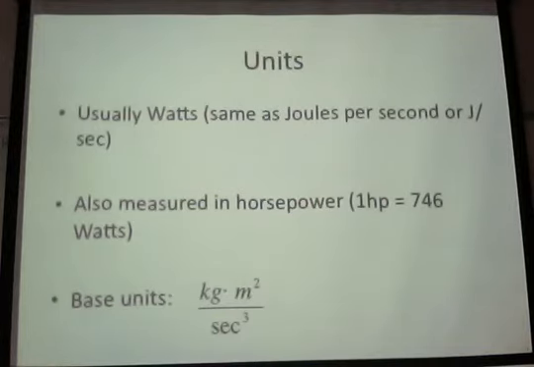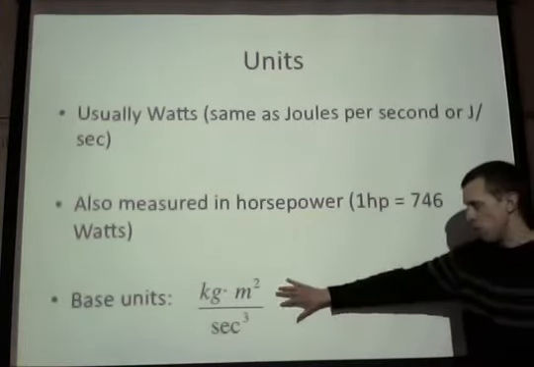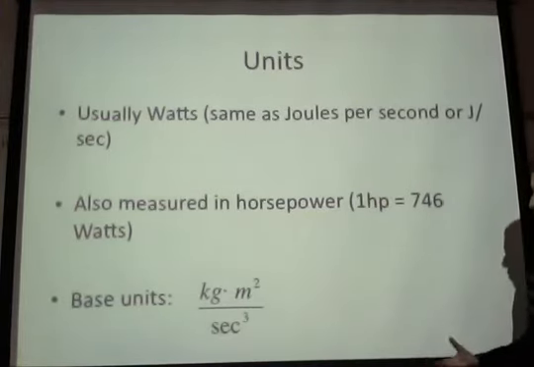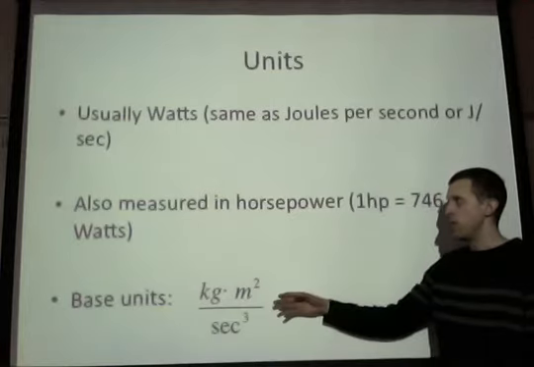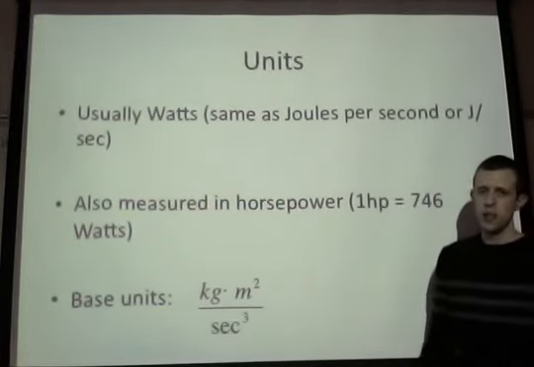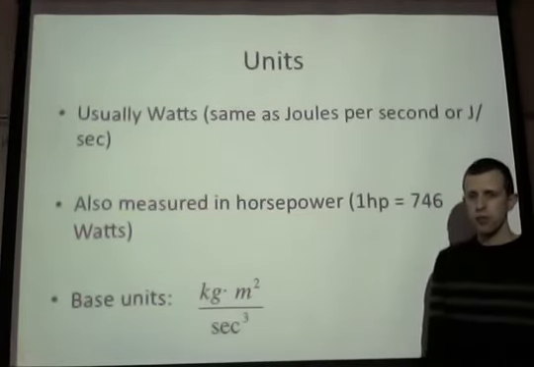So watts are equivalent to joules per second, or J/s, or J/sec if you have lousy handwriting like I do. The base units down here for watts would be kilogram meters squared per second cubed, which is a strange unit to use, and it's a lot to write every time. So we really just stick with the abbreviated versions of this.